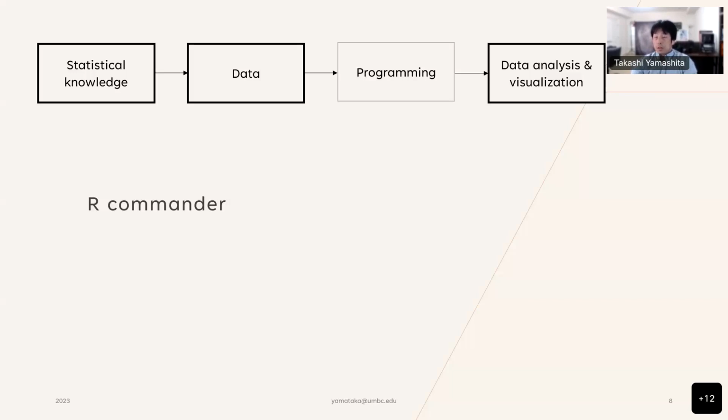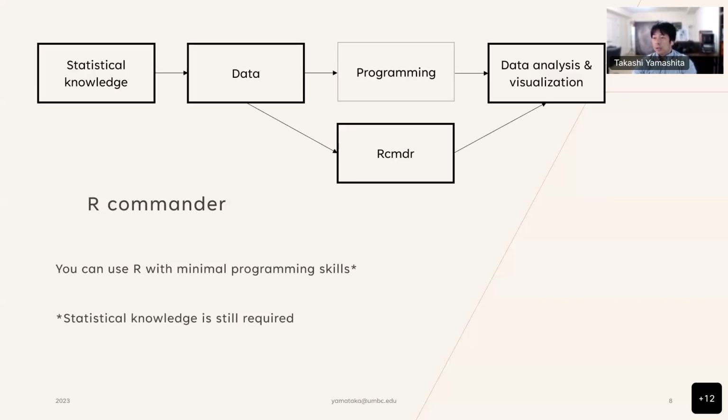So this whole statement is just to say that you can use R commander to skip some of the initial programming part for the data analysis and the visualizations. But what this doesn't do is that you still need to know about the statistics.